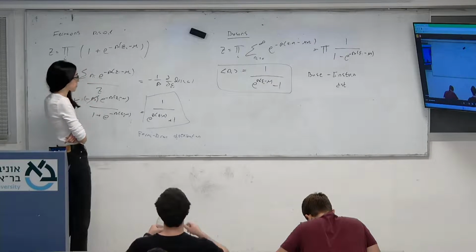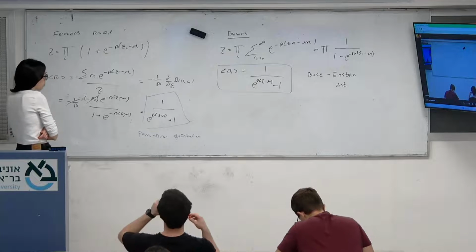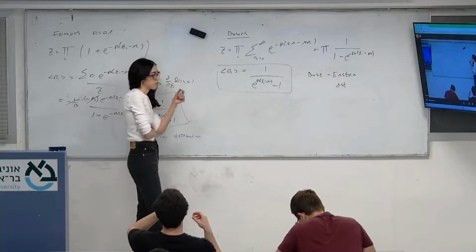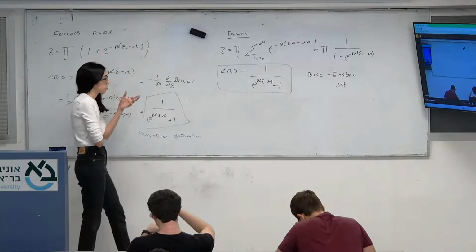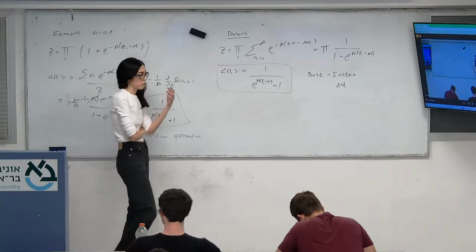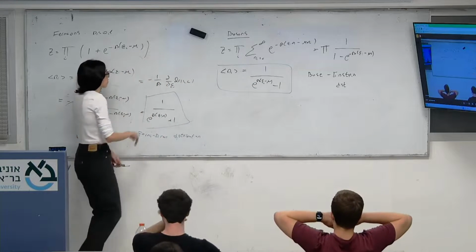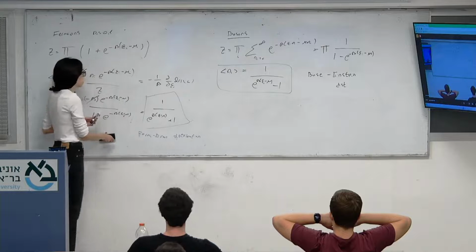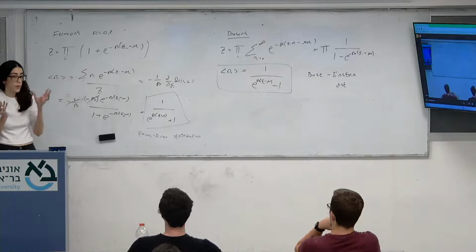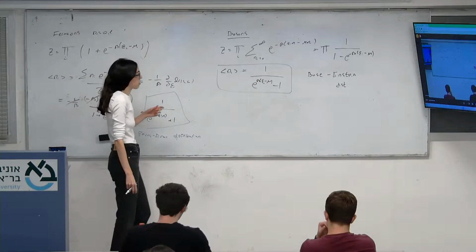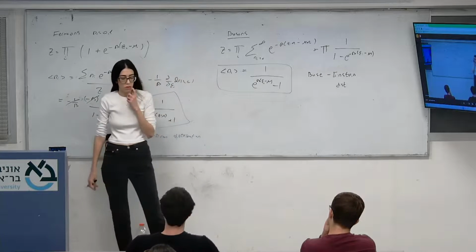Okay, so this is also the distribution for a specific energy level. And the question is why do we even care so much about those distributions? If you remember, earlier I wrote the overall number of particles and the overall energy as a summation of Ni.